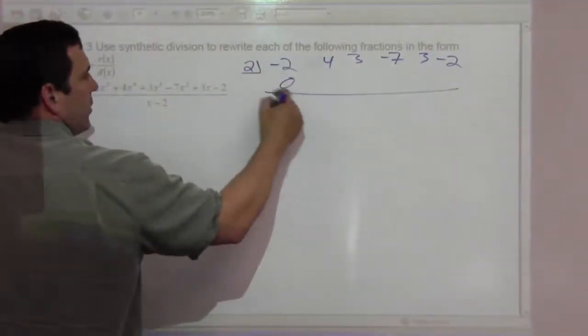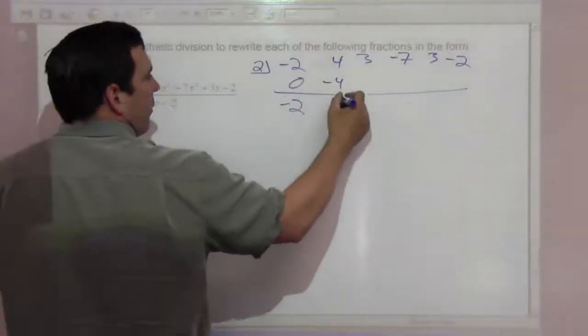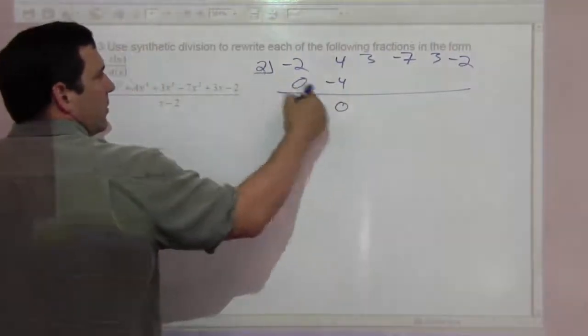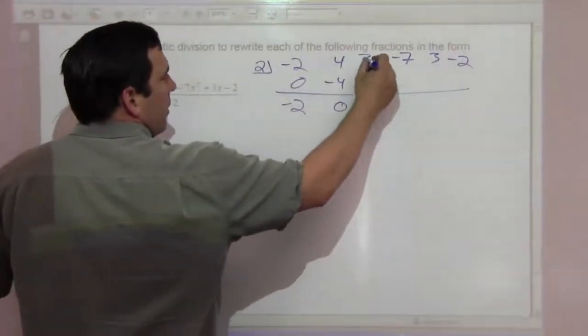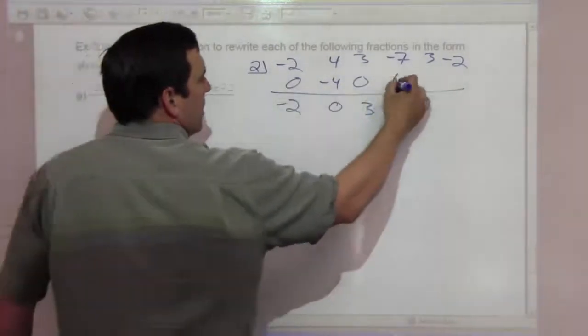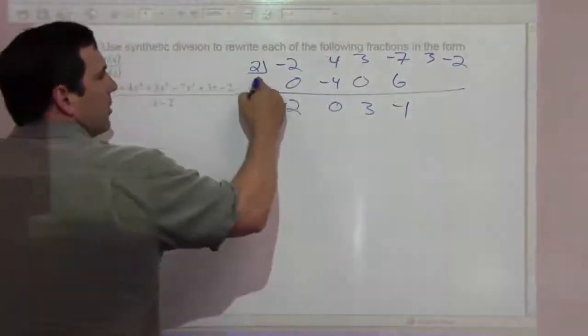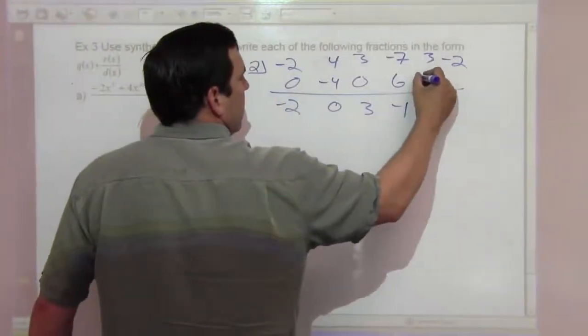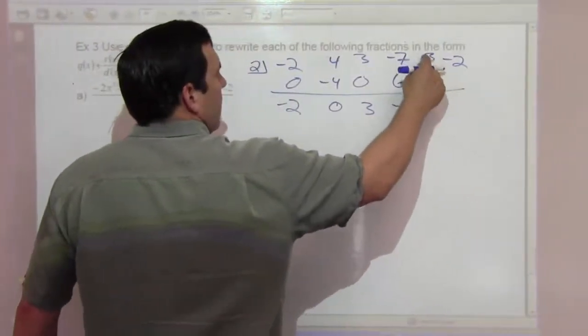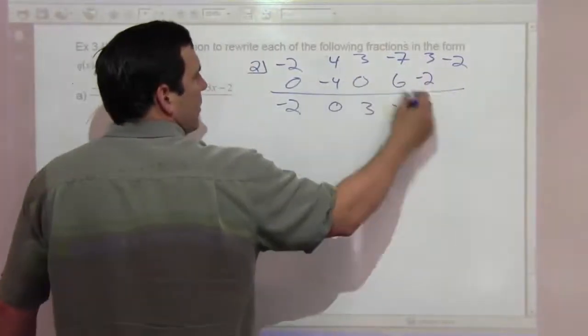Negative 2 and 0 is negative 2. 2 times negative 2 is negative 4. We get 0. 2 times 0 is 0. We get a 3. 2 times 3 is 6. Negative 7 plus 6 is negative 1. 2 times negative 1 is negative 2. 3 and negative 2 is 1. 2 times 1 is 2.